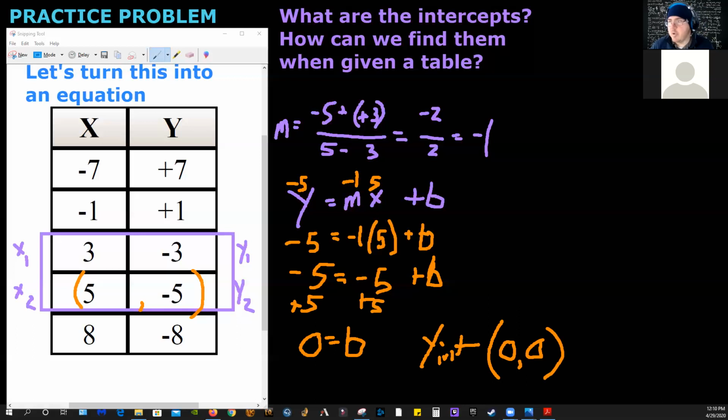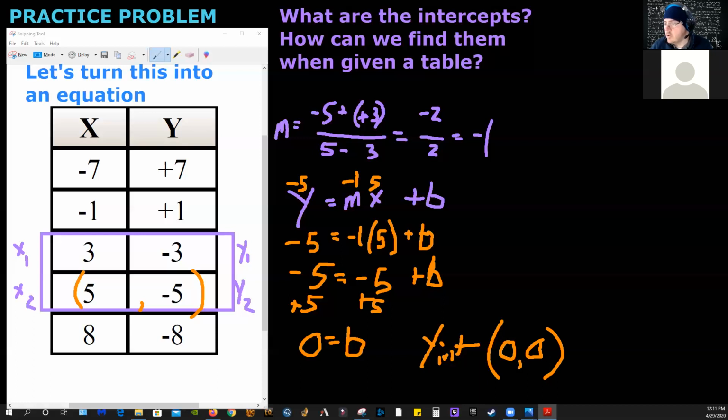Let me see if I can actually pick one that doesn't have an origin intercept. That'd be great. It seems too strange that so many would. Okay.